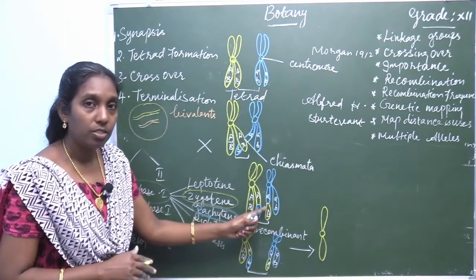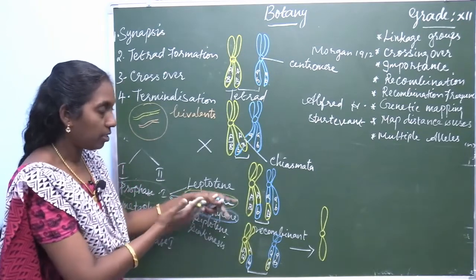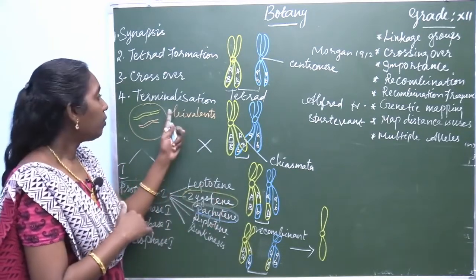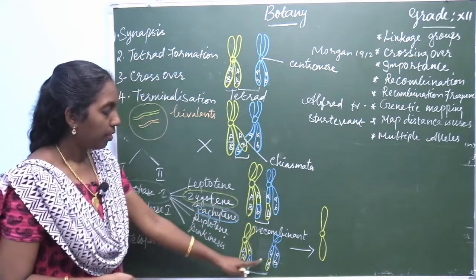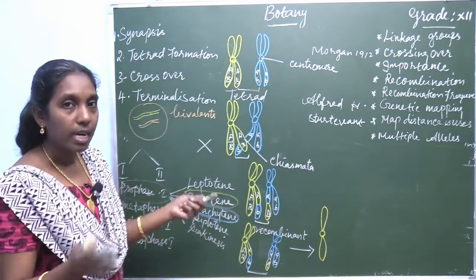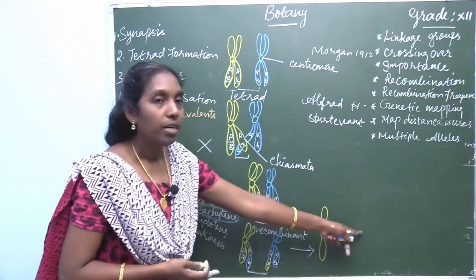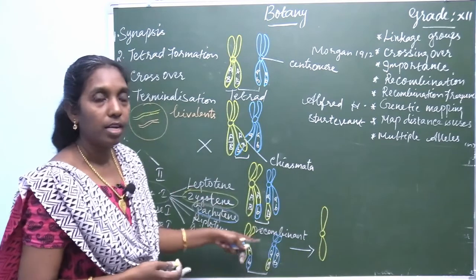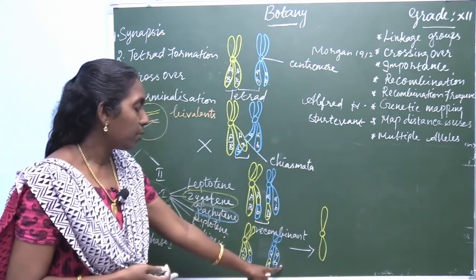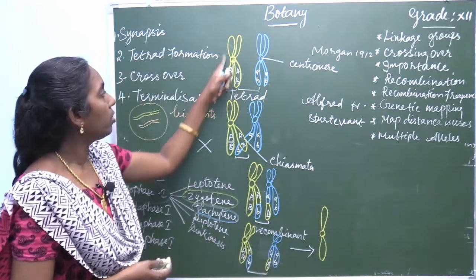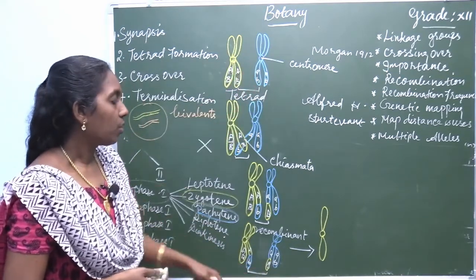At the region of chiasmata, the segments break and exchange during crossing over. At the time of terminalization, the chiasma moves to the terminal end of the chromosome, and as a result we get different recombinant genes. The first and last segments resemble the parent, and these two are recombinant.